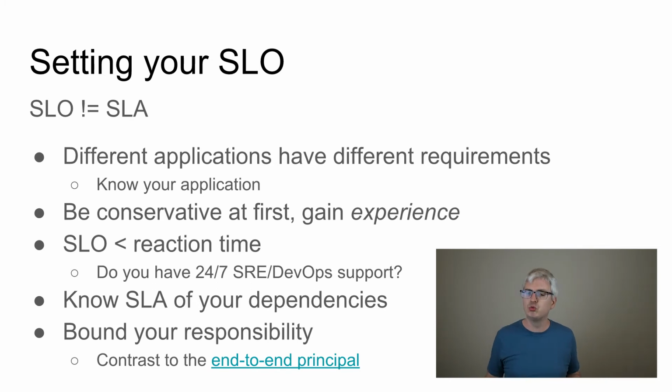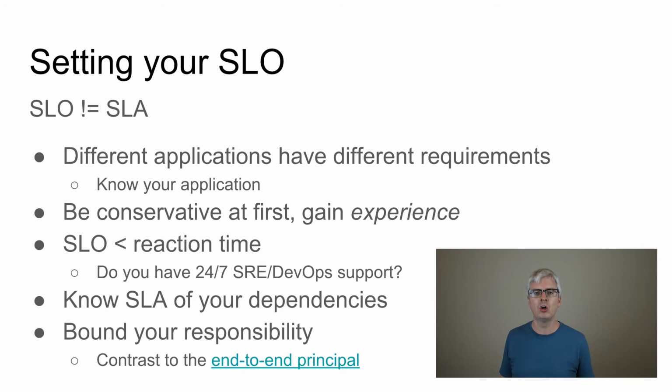Luckily, most engineers really know what they're doing because that's their job. The other thing you should realize is that setting an SLO is sort of like estimating time to build a piece of software. You're going to be wrong, and you're going to be overly aggressive, and that's just the nature of setting SLOs initially. Most people think they can do better than they actually can because they don't think of every single possible thing that could go wrong.